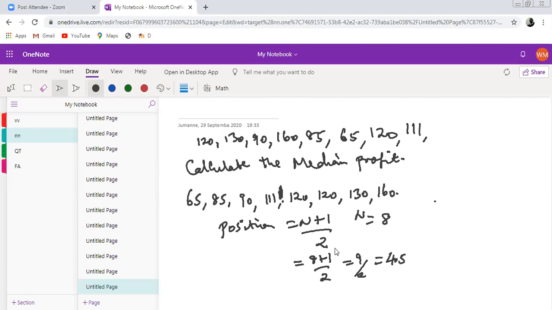So anytime we have an even number of observations, we are going to have the median as the average of the two numbers between which that median lies.